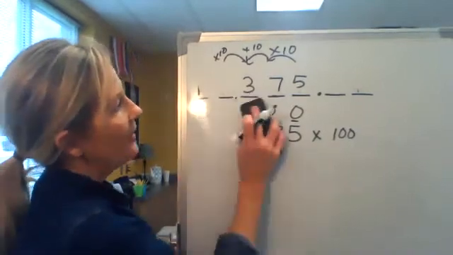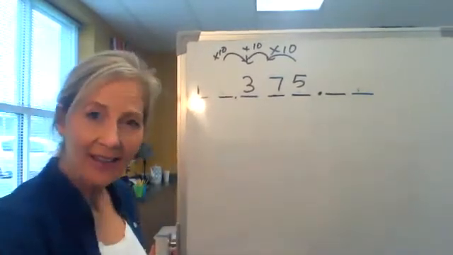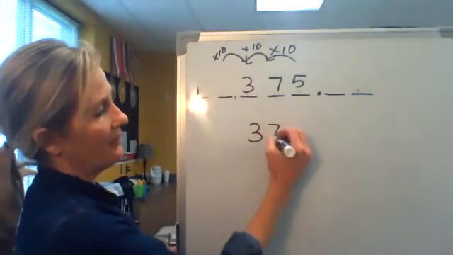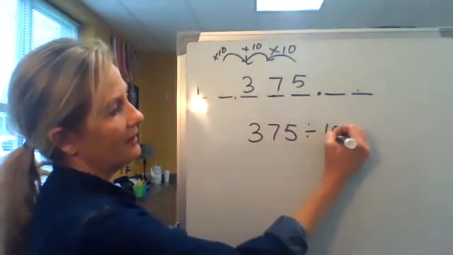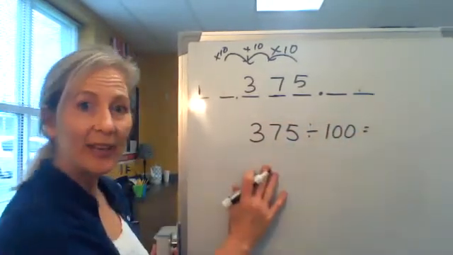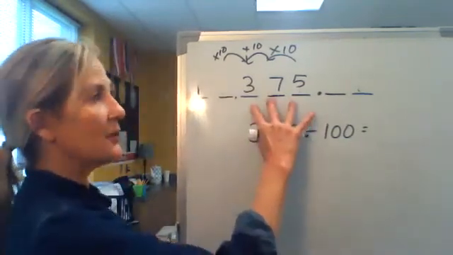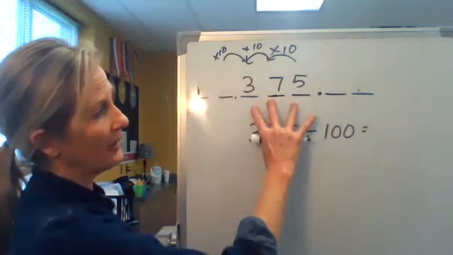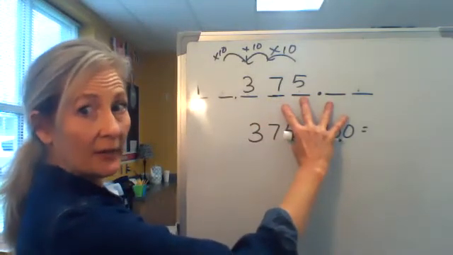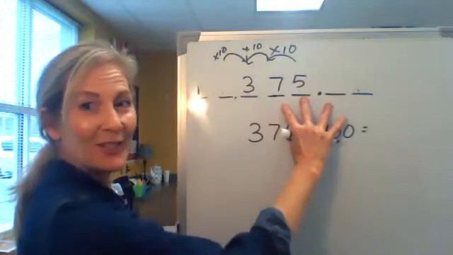So if we had 375 divided by 100, we can use our place value chart to figure this out as well. 375 divided by 100 would be 10 times less, and then 10 times less again. All the digits would move two places to the right.